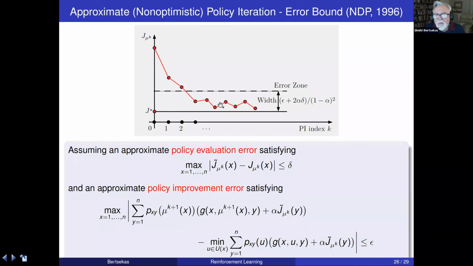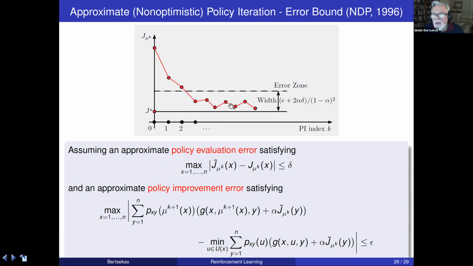The other thing that's important about this bound is that it mirrors practical behavior. In practice, approximate policy iteration works like this. You typically get monotonic improvement for the first few iterations. Usually the first improvement is the biggest one, which corresponds to rollout. And then you get oscillations eventually.